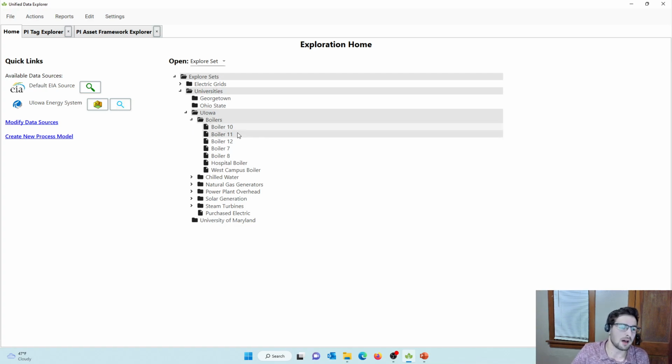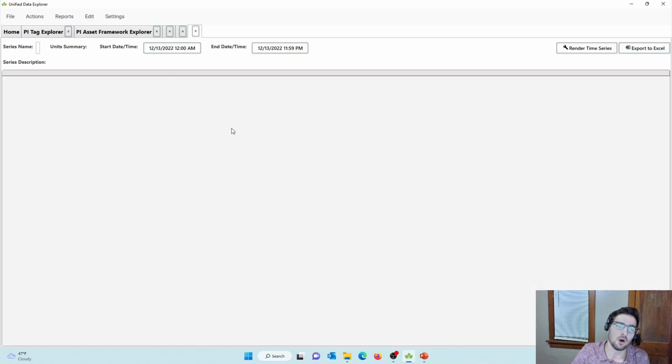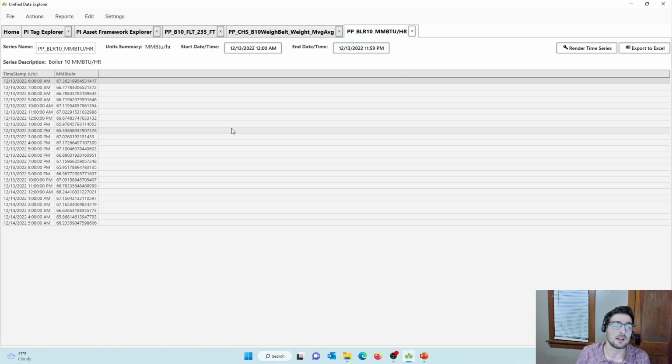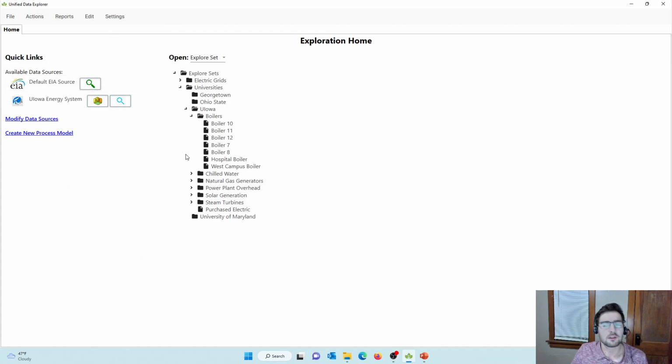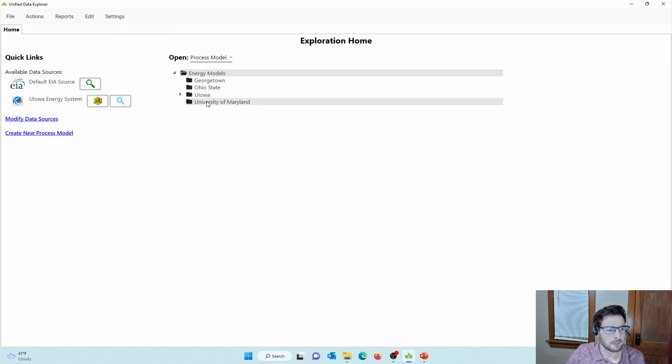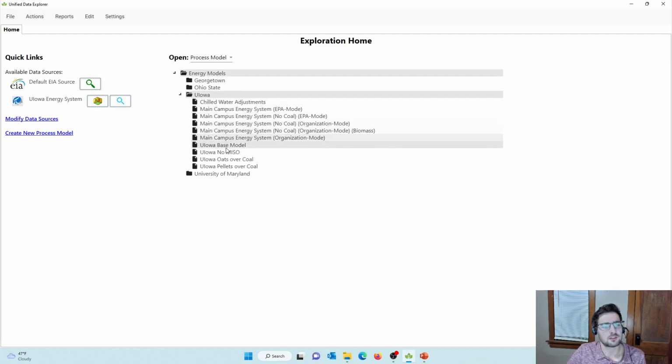For example, if you're modeling boiler 10, you can open your set of data streams that you've saved for boiler 10, so that you have them ready when you're going to build your model. Okay, so now you found your data and you want to build your model. So let's see what that looks like.